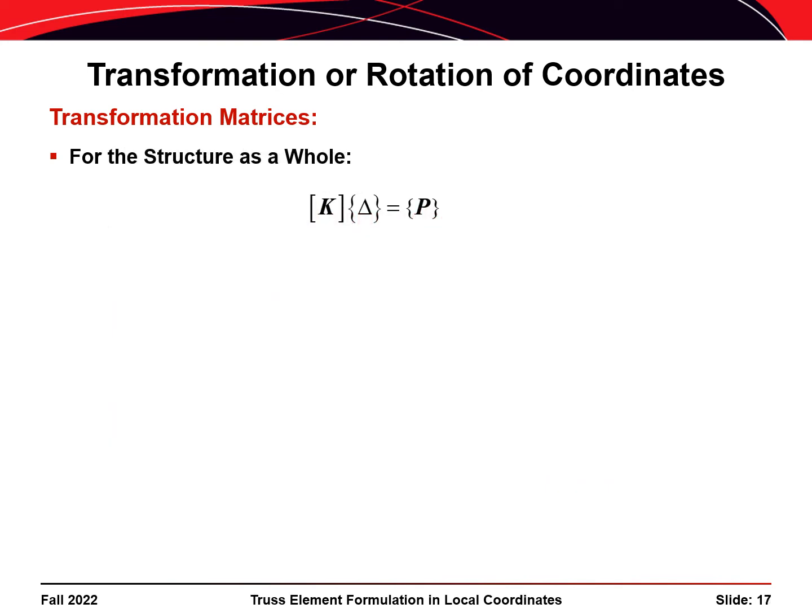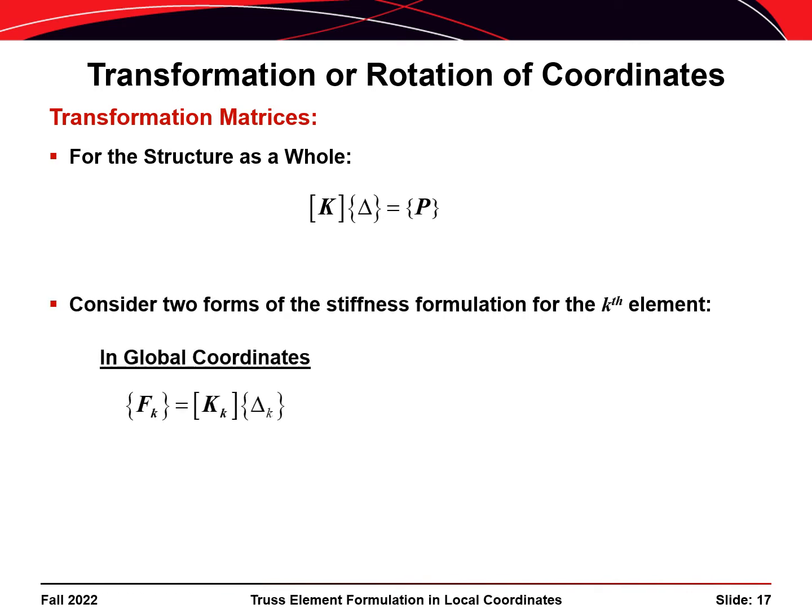Recall that for the overall structure, we can write the equation that k times delta is equal to p. Correspondingly, for each of the elements or members in the structure, we can write the same equation either in global coordinates or in local coordinates.